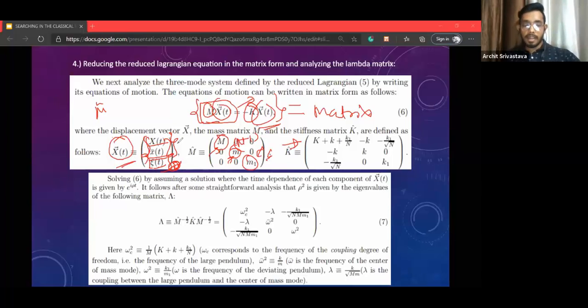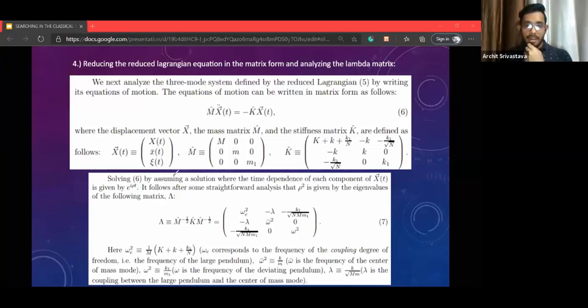x vector, and after arriving at this equation, we solve it by assuming the time dependence of x(t), that x of t depends on time as e raised to the power i rho t.